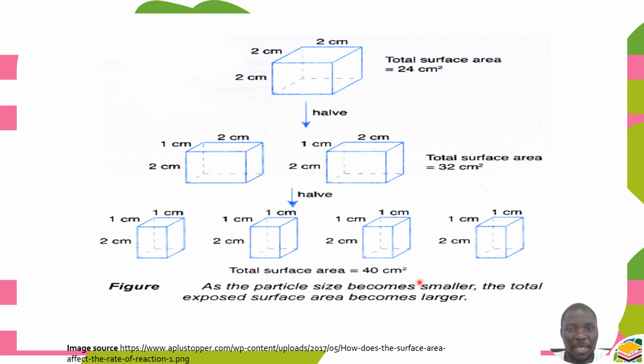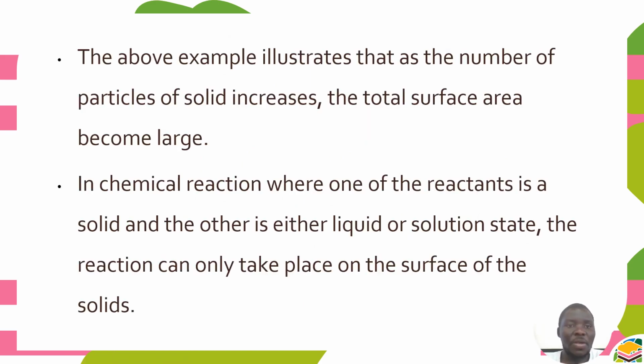Why is the surface area small? It means other particles are locked inside. As you try to break it, other particles are going to be exposed and the surface area now increases. So from the above example, we will state that as the number of particles of solid increases, the total surface area becomes large.